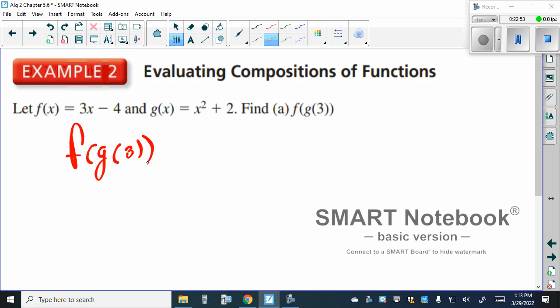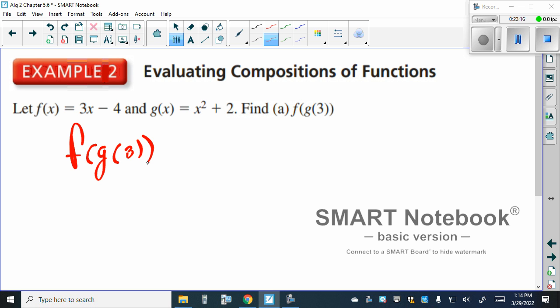When we evaluated our functions yesterday with multiplication and division, and last Friday with addition and subtraction, we found out what f plus g of x was, and then plugged the value into the equation that we got. Guys, thank you.